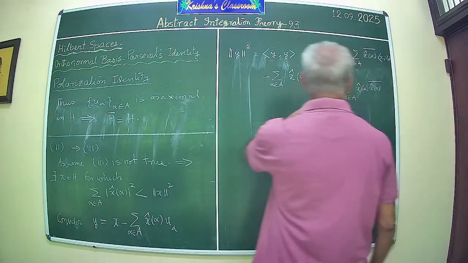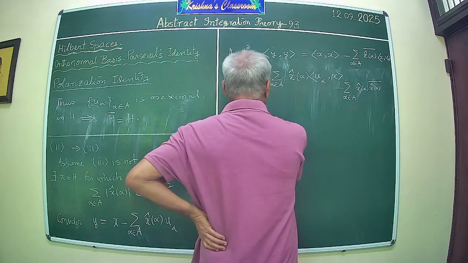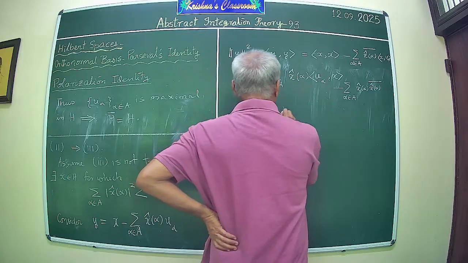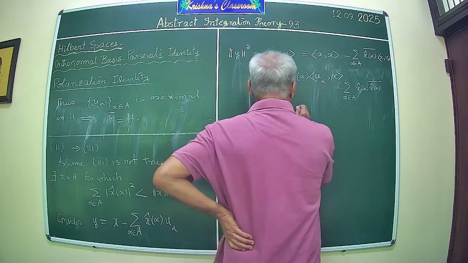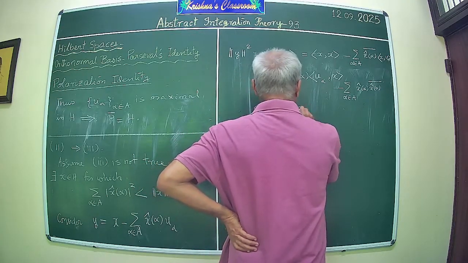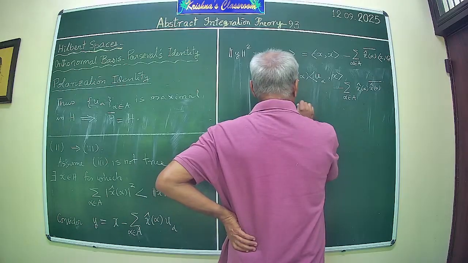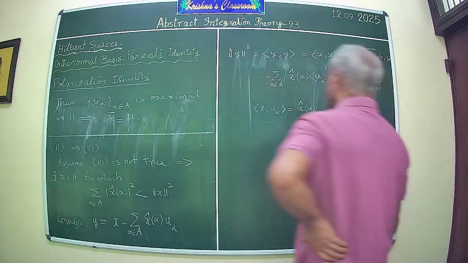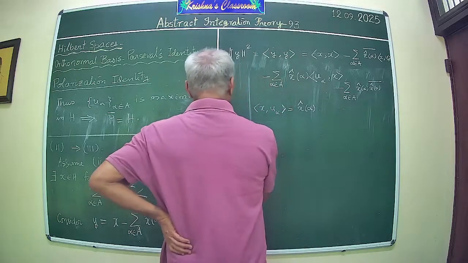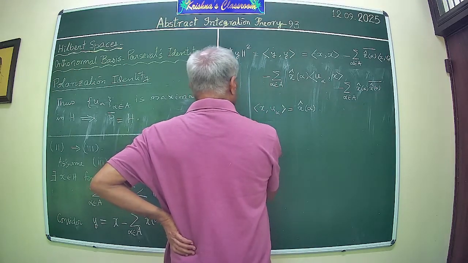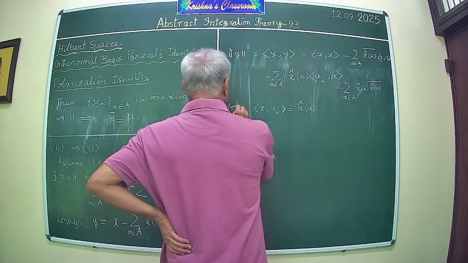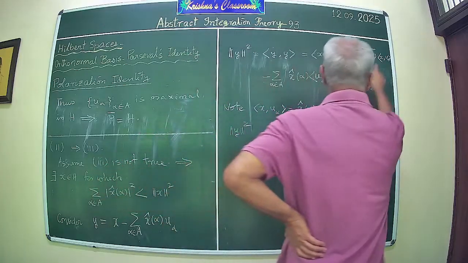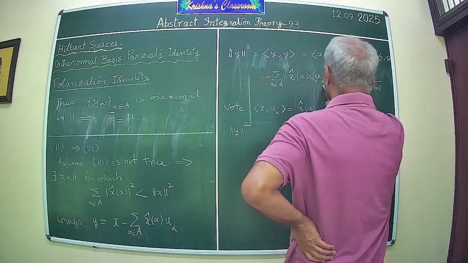Now what is this? You see that x equal to the sum over alpha. So use this. Therefore, norm of y squared, substitute that and you get the complex conjugate.